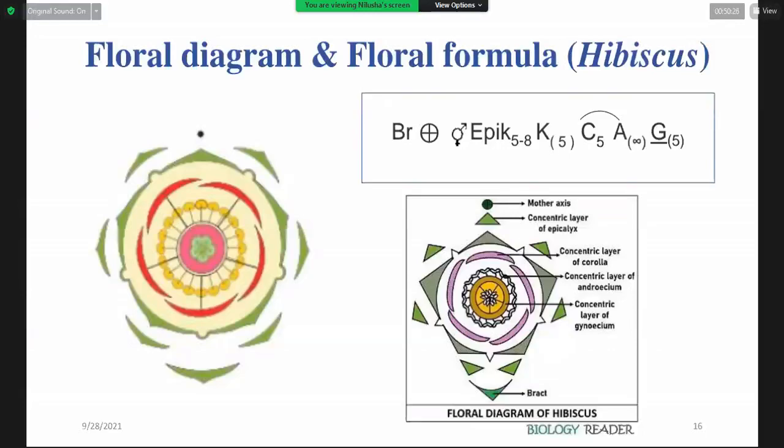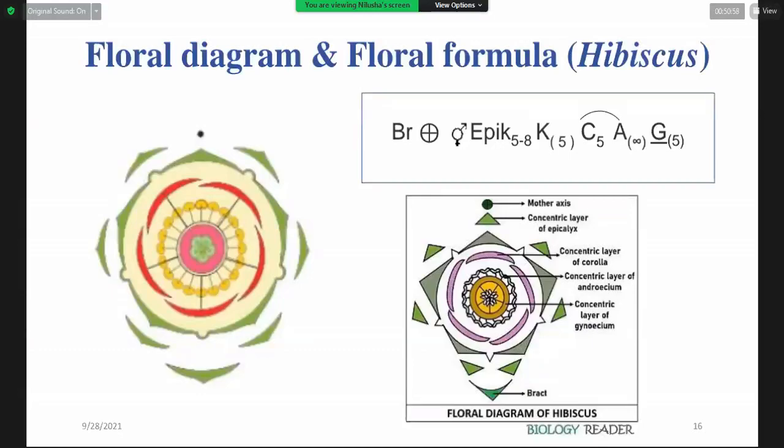Here you can see the sepals are fused, not in separate form. Because of the gamosepalous condition, we write capital K within a bracket, 5. That means 5 sepals, and we write them within the bracket because of the fused condition.